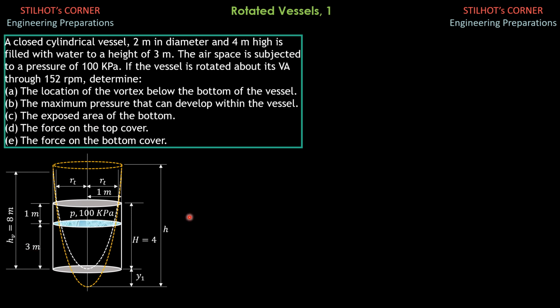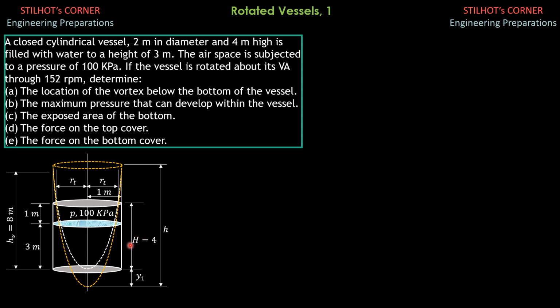But first, let's compute the height of the paraboloid where the vortex exactly forms at the bottom center, represented by this white dashed curve, the parabolic surface. The formula is derived in my preceding videos, especially the lecture video.